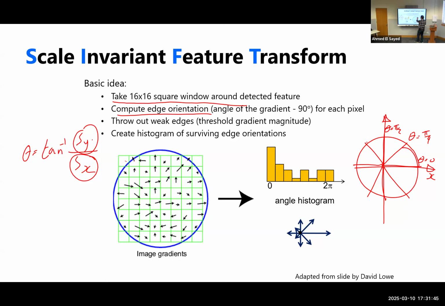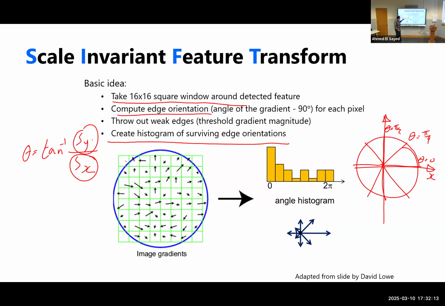Then I will create a histogram of the surviving edge orientations. Again, what is the histogram? By definition, when we started the course, what is the histogram? The frequency of occurrence of a specific value. So this value occurs how many times?